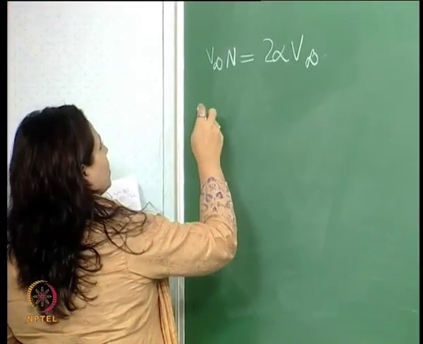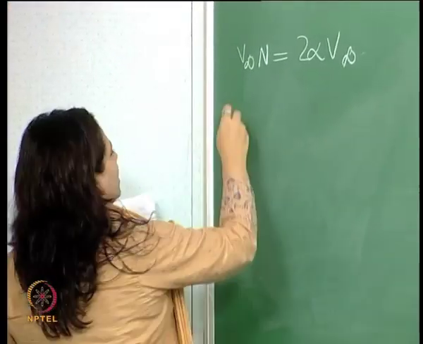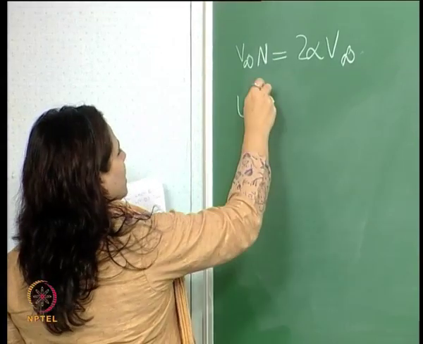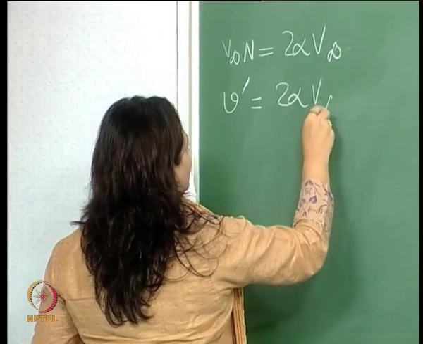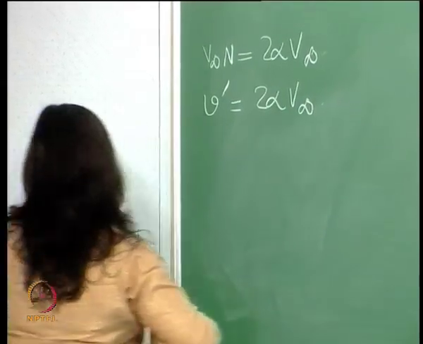If I use perturbation theory here, this normal component is nothing but V dash, which is this.